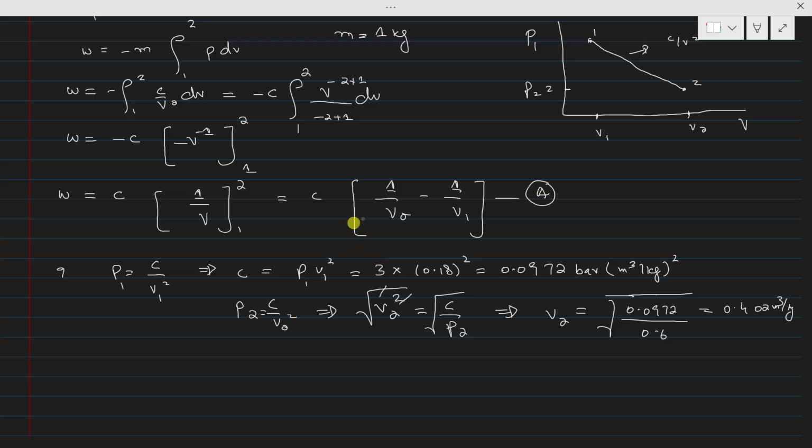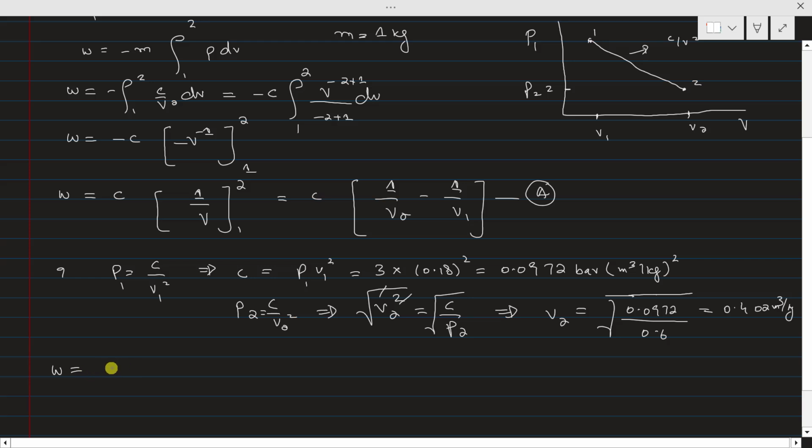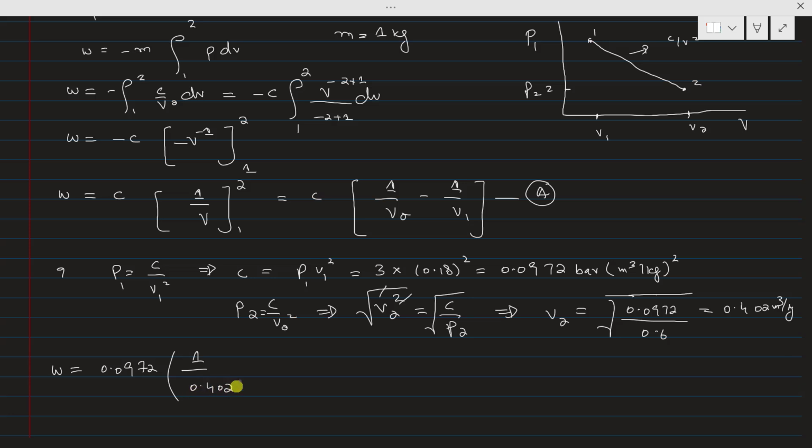Now put all these values in this equation. The C value has been determined, and V2, V1, so we can find the work done by the system. C value is 0.0972, into 1 divided by V2, that is 0.402, minus 1 divided by V1, that is 0.18.